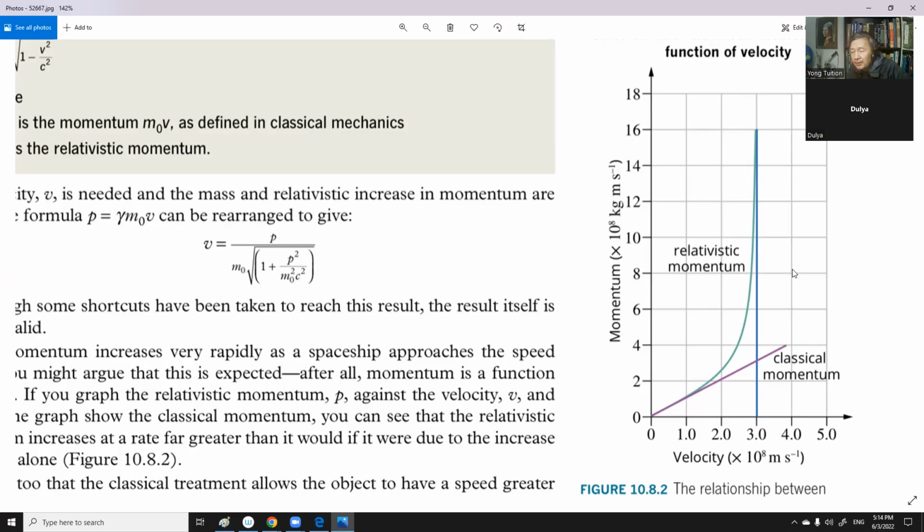So this implies that no object can move as fast as light speed. If that were the case, the momentum would become infinity.